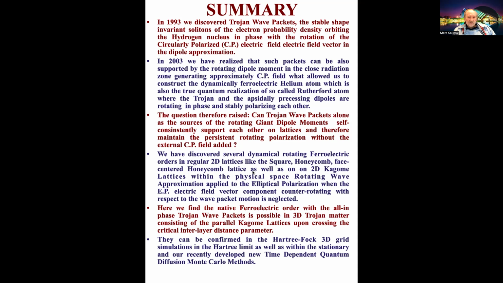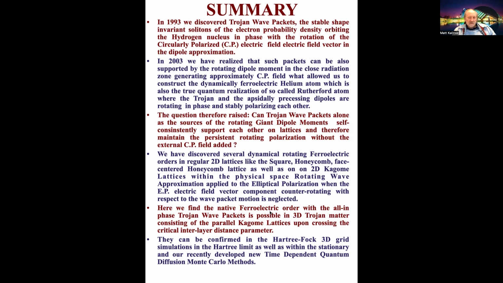Let me continue. As well as on two-dimensional Kagome lattices in physical space, the rotating wave approximation is applied to elliptical polarization, where the electric vector has a component counter-rotating with respect to the wave packet motion. Again, the wave packet is moving on a circle, it has one angular momentum, and the field has two components: one co-rotating, the second counter-rotating, with the same absolute frequency, and the counter-rotating motion is neglected.